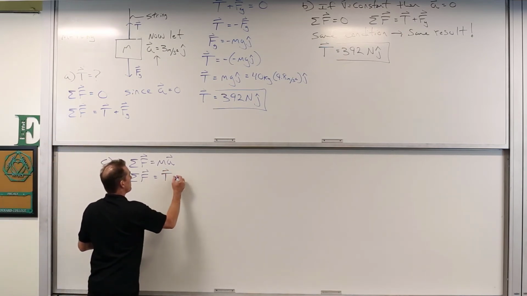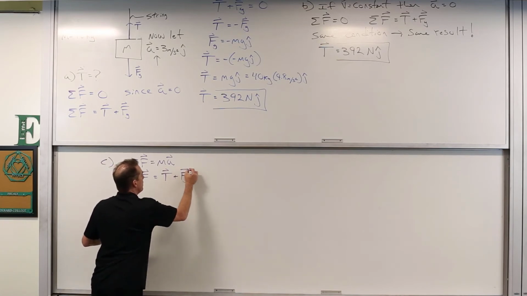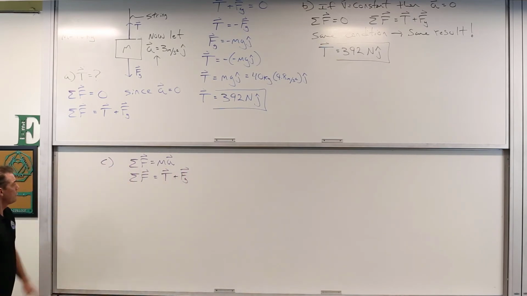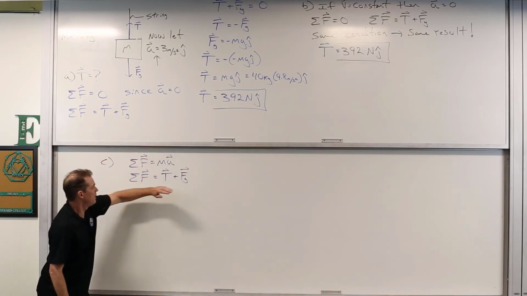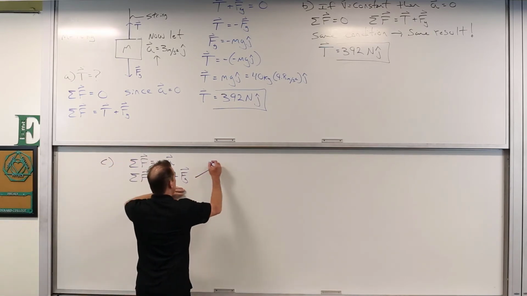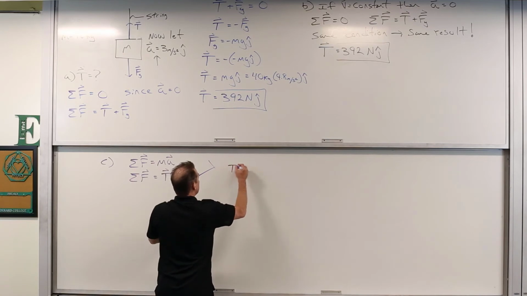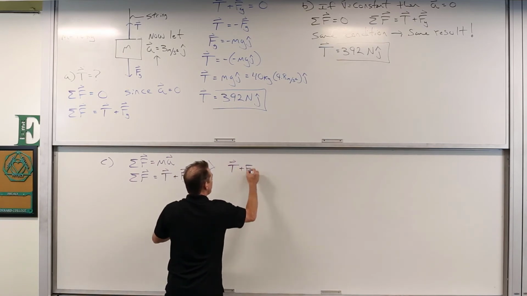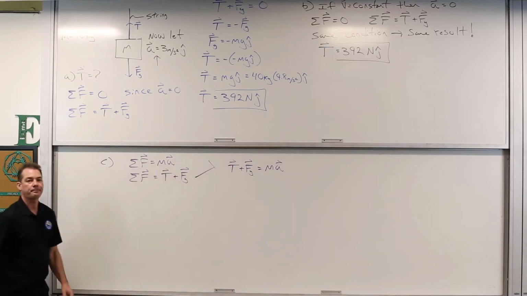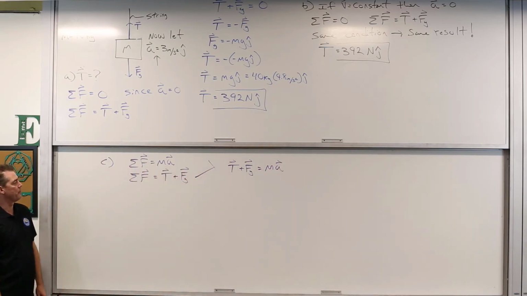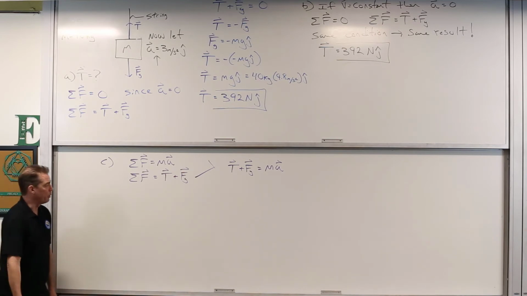We've still got the force of tension acting plus the force due to gravity. Great. So the net force produces the acceleration, and the net force is composed of these. We've got T hat plus F sub G hat must be equal to MA hat. There's a nice vector relationship between the forces and the overall acceleration being produced.